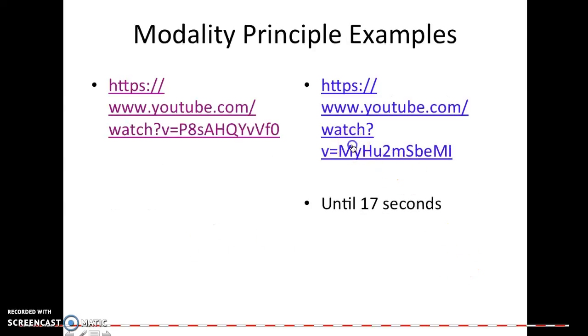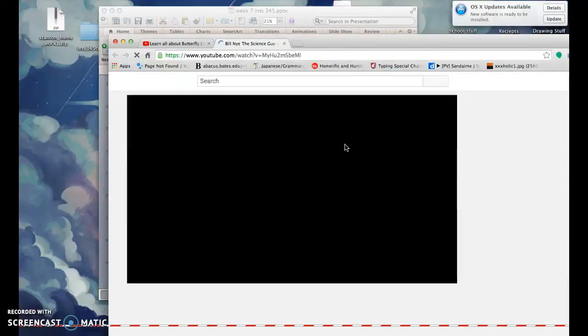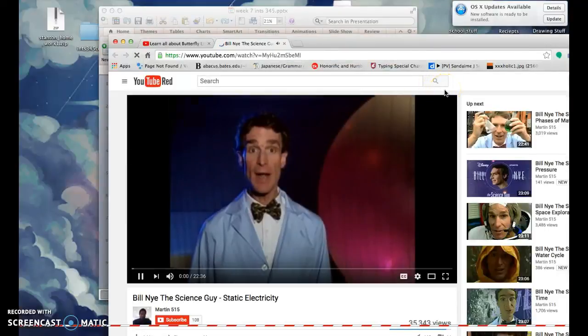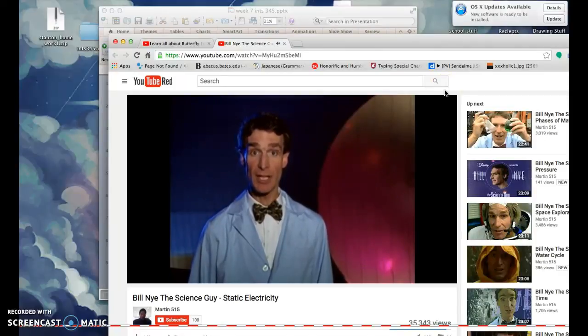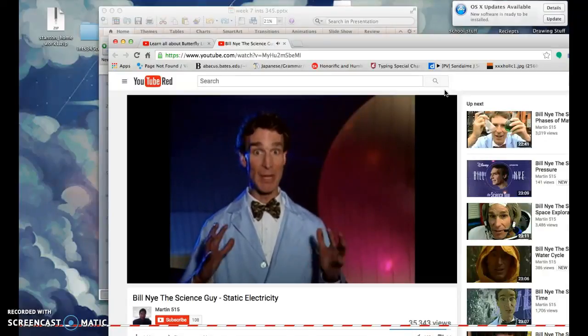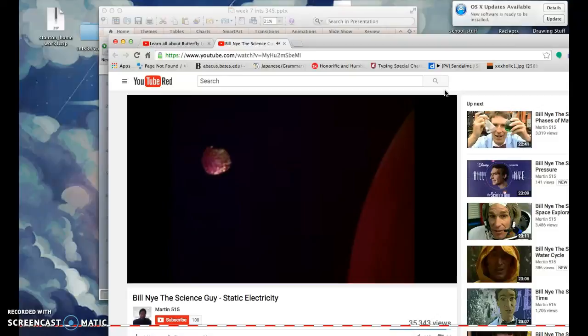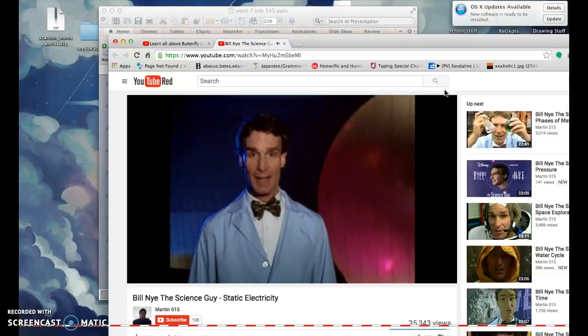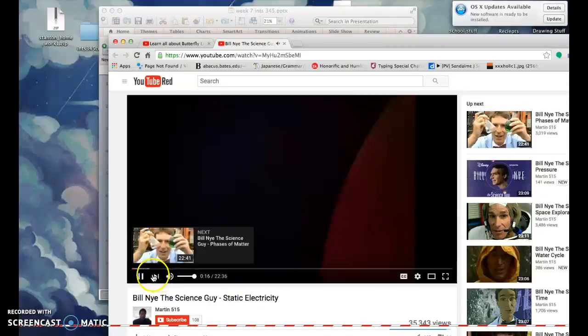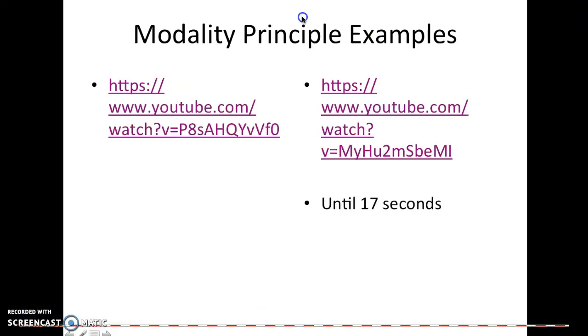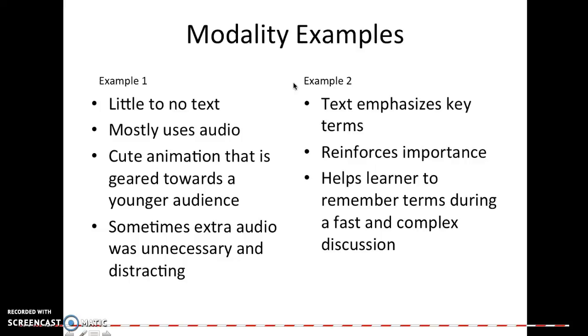So now the second example. Okay. So the second example, the Bill Nye the Science Guy video, there was only text once, and it was the phrase static electricity.